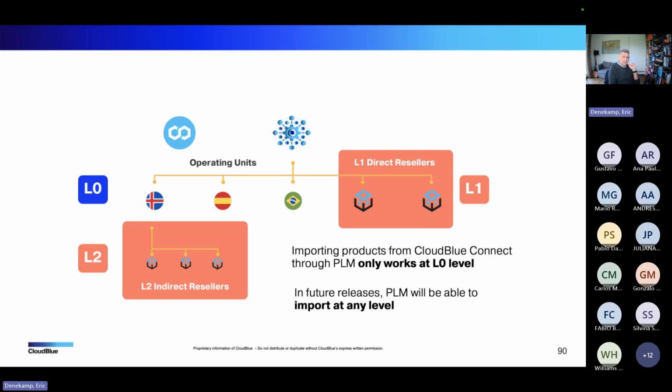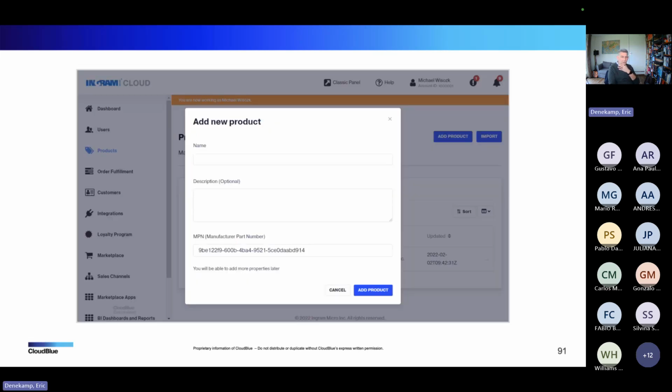Import from Connect, at this moment, as far as I've seen and tested, is only available for the provider, meaning at top level. So adding a new product from the external catalog will only be available at that provider level.